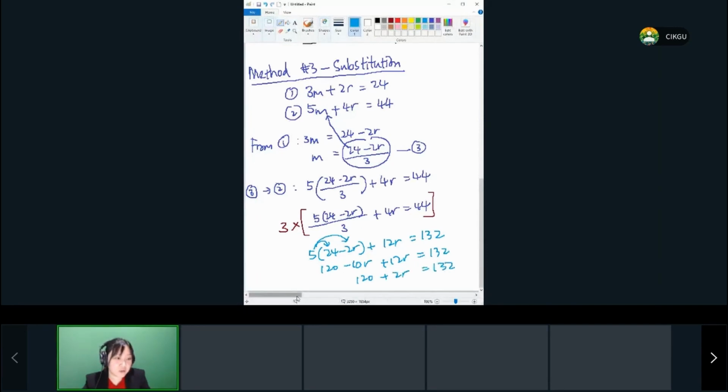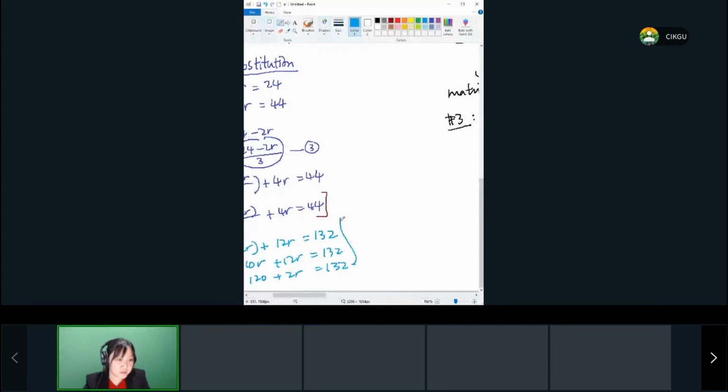Let me copy first, make it nicer. I want to find r. Because r is the only unknown here, this 120 throw to the other side: 132 minus 120 is 12. So 2r equals 12, that means r equals to 6, right? 2 throw the other side, divide by 2.